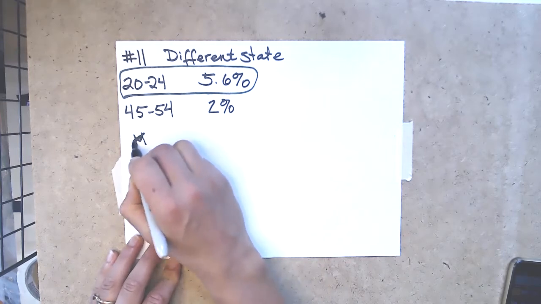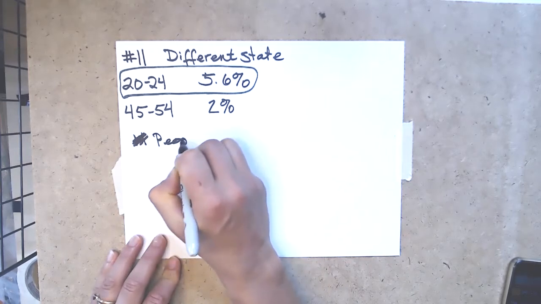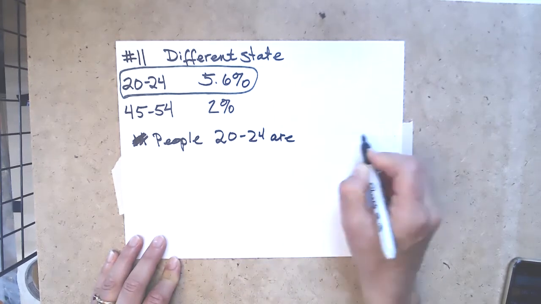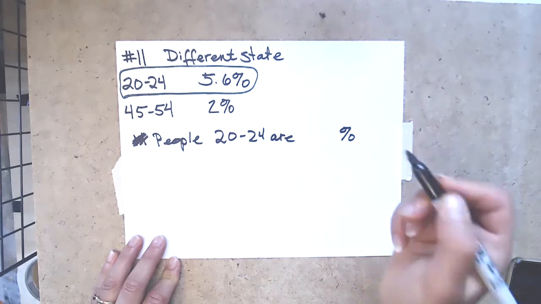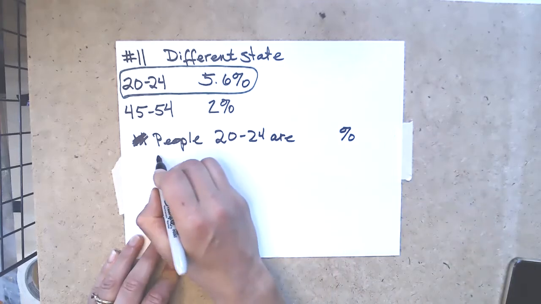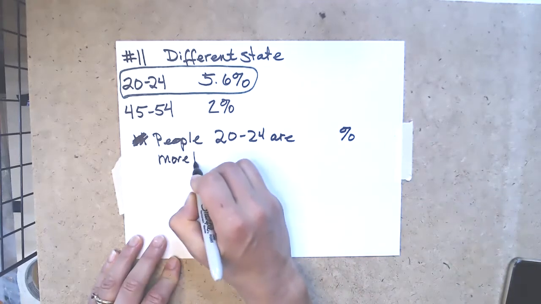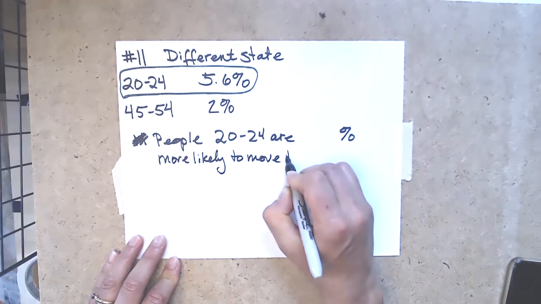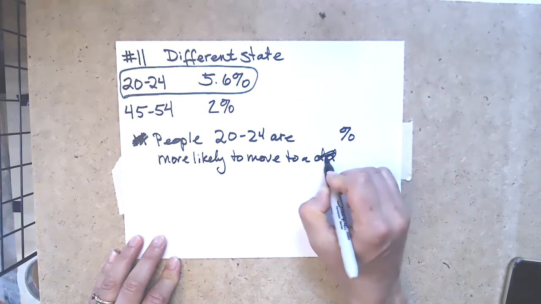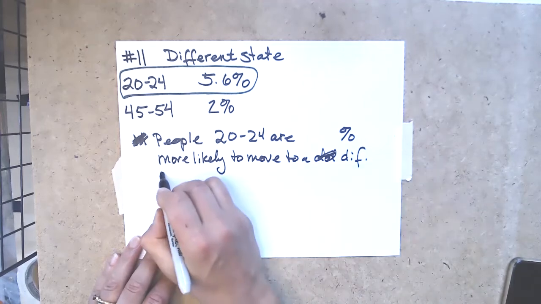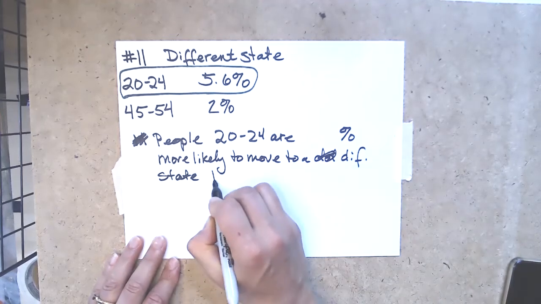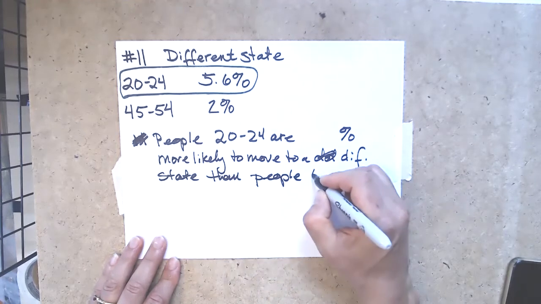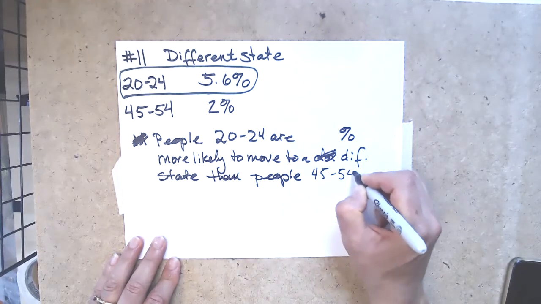People ages 20 to 24 are, notice I kind of set it up and then I do the calculation to fill in there, a blank percent more likely to move to a different state than people ages 45 to 54.